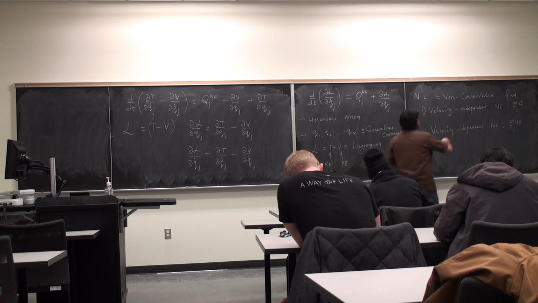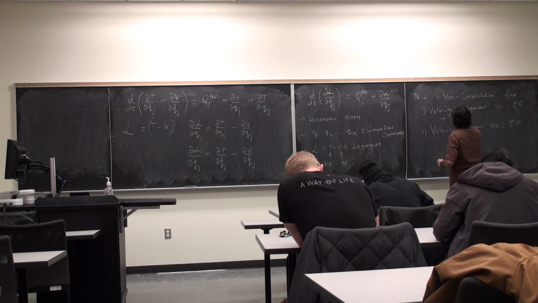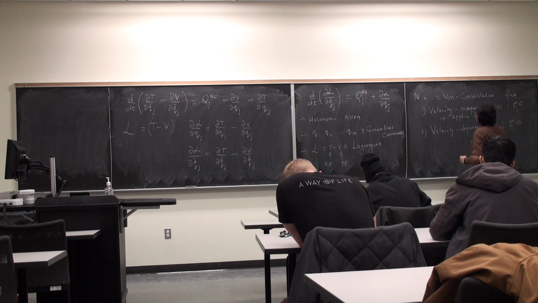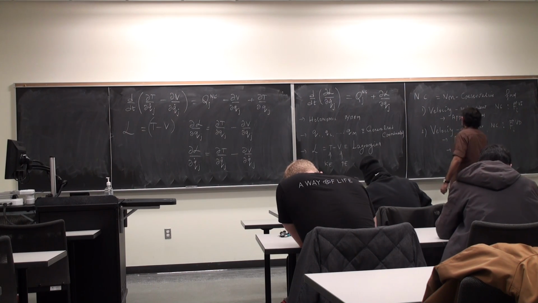So, examples of this are applied forces here, friction, drag. When I say friction, Coulomb friction, that's a function of velocity as well. Drag forces, linear drag, quadratic drag, all of these things.